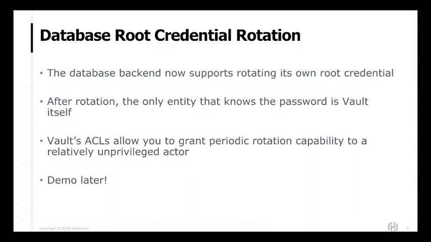Because of the way that Vault's ACL system works, its access control layers, you can grant this rotation capability, if you have a security policy that says you have to rotate passwords every month or every 3 months, to relatively unprivileged actors. You can just say you are only allowed to do this. That's the only thing you can do, is just make sure that once every 3 months you go and rotate those passwords. And I'm going to demo this as well.